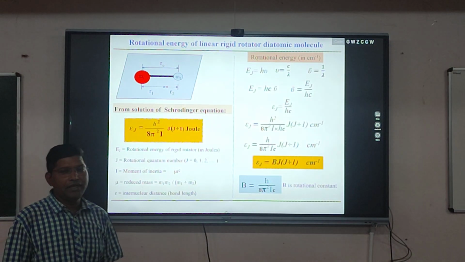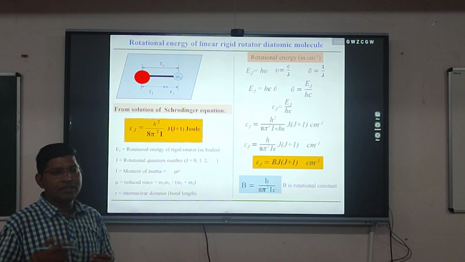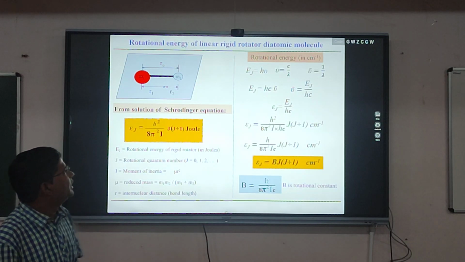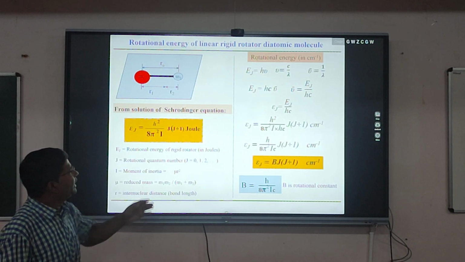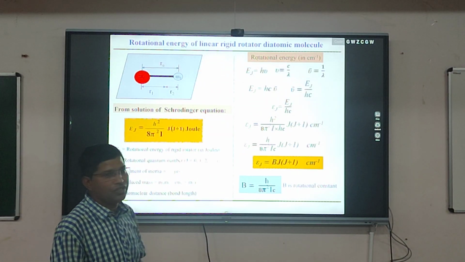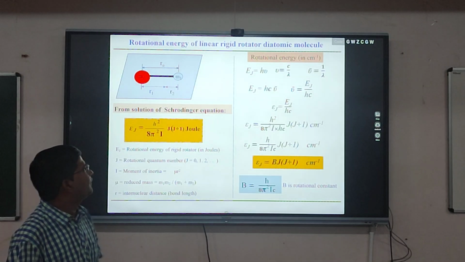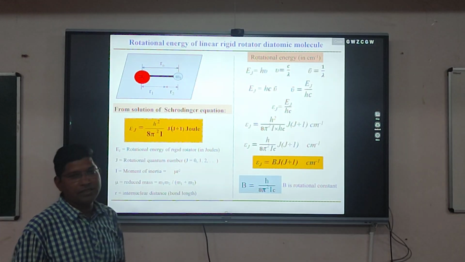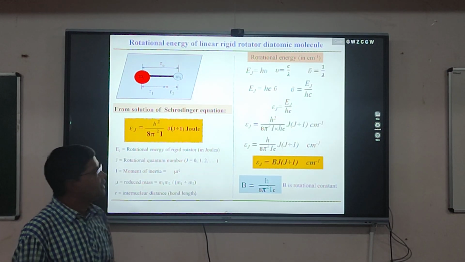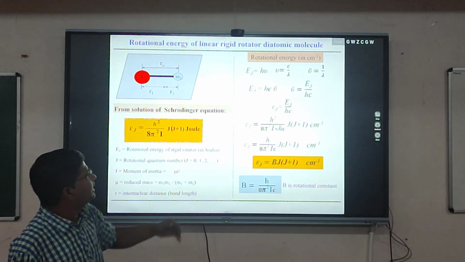So this is the energy for a linear rigid rotor diatomic molecule. Now in microwave spectroscopy we have to convert this joule into per centimeter. We know that energy equals h nu, where h is the Planck constant and nu is the frequency, and frequency equals c divided by lambda, where c is the speed of light and lambda is the wavelength of the radiation.